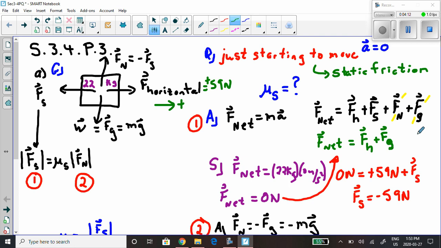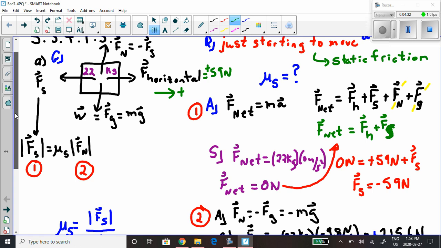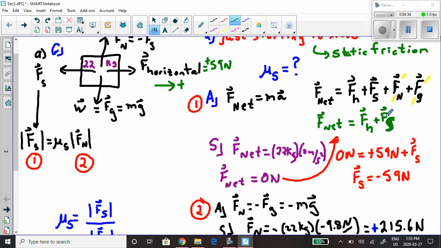So, as we know from the past, these two forces cancel out. So all that is left is that the net force is equal to the horizontal push force plus the force of static friction. There we go. I've got to make my G's and my S's better. These are the only two that remained: the force of static friction and the horizontal push force.